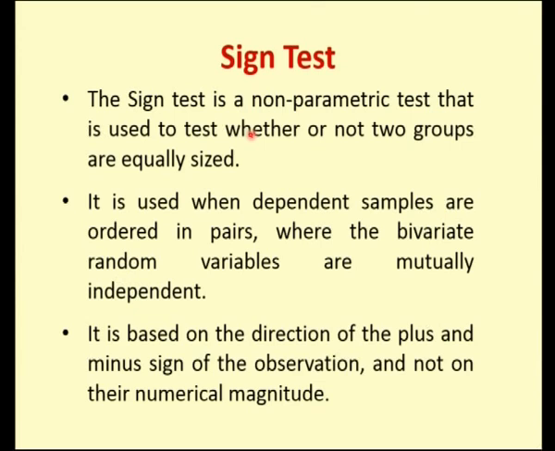The sign test is a non-parametric test that is used to test whether or not two groups are equally sized. Secondly, it is used when dependent samples are ordered in pairs, where the bivariate random variables are mutually independent. Third, it is based on the direction of the plus and minus sign of the observation and not on the numerical magnitude.